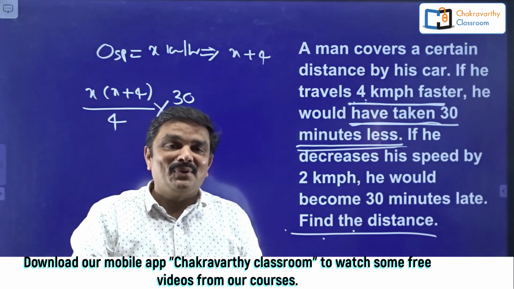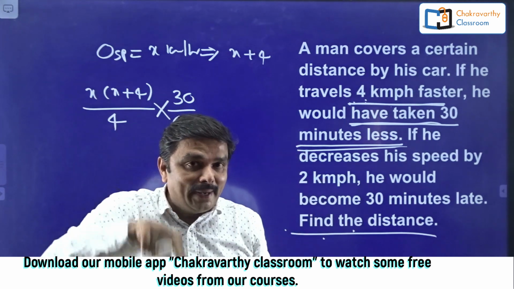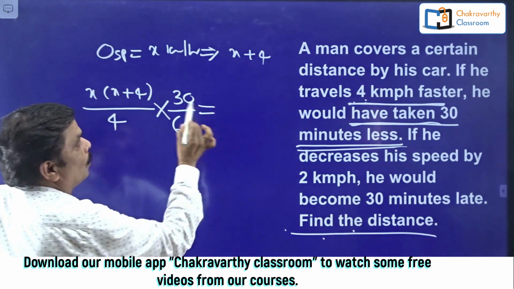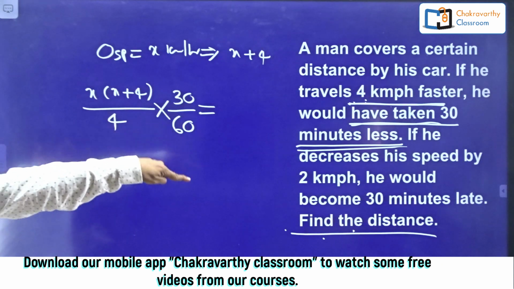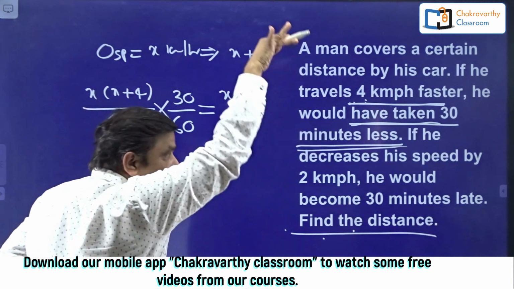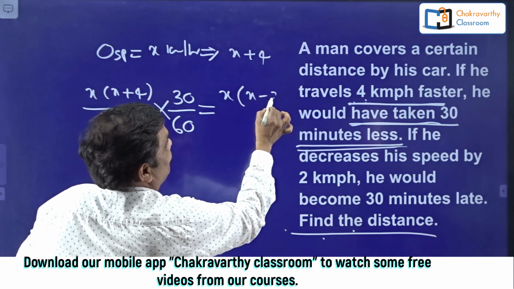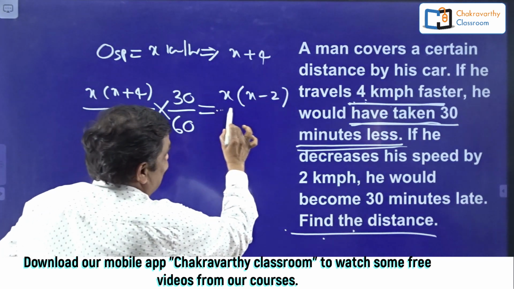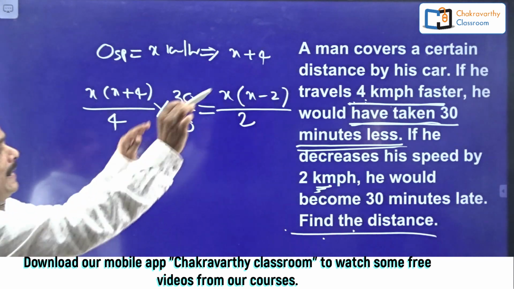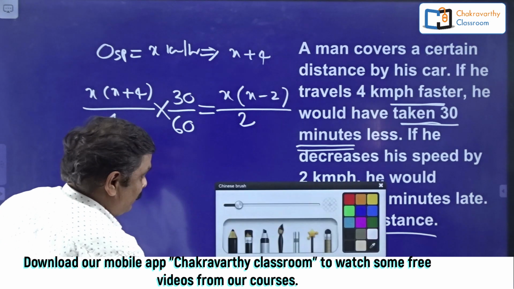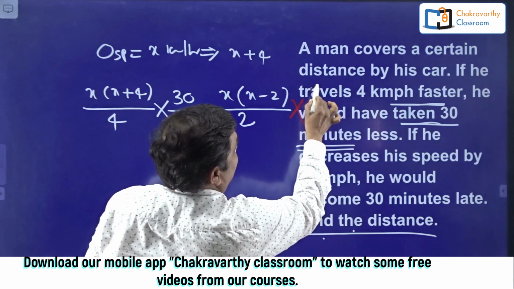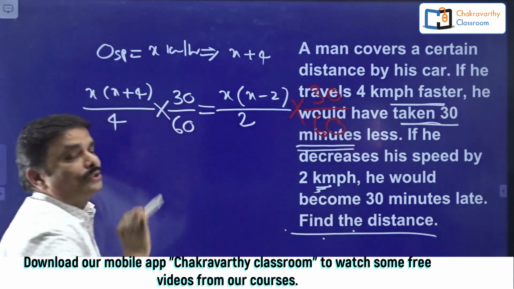It must be equal to, because in both the cases distance is same, second case: original speed x into x minus 2, since 2 kilometers reduced, divided by difference in speeds 2 kilometers per hour into 30 by 60.